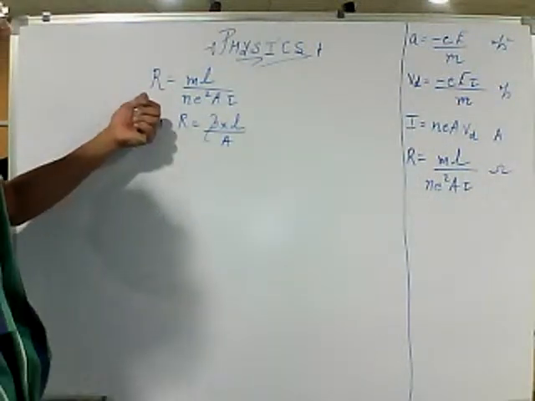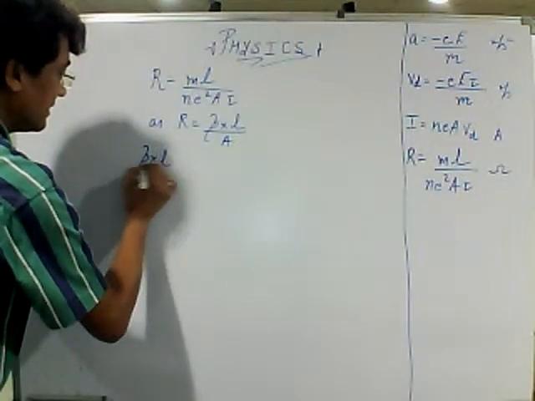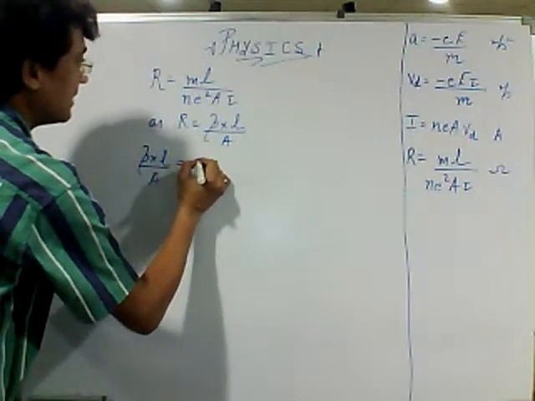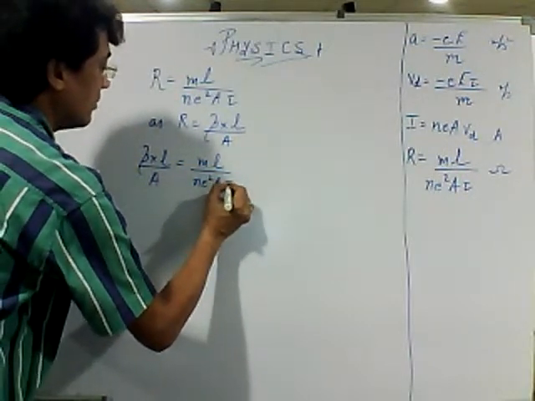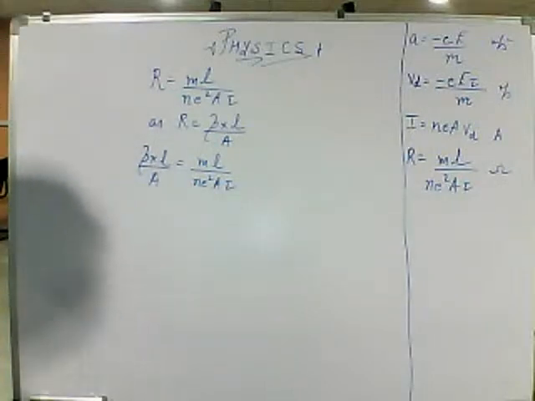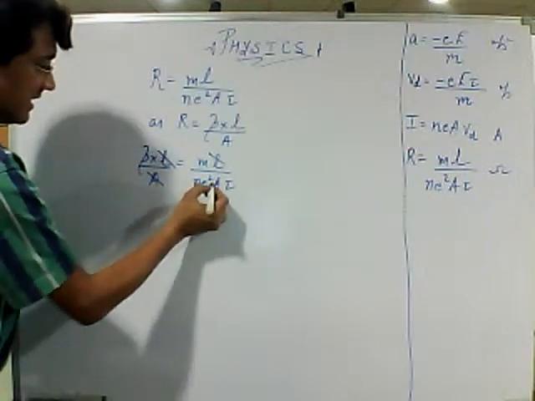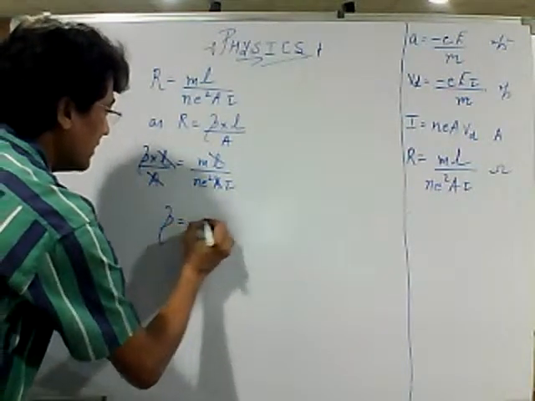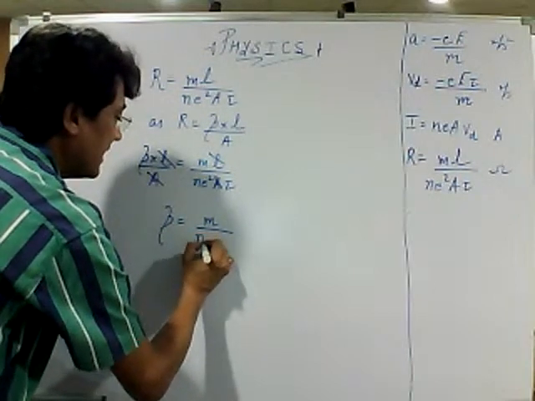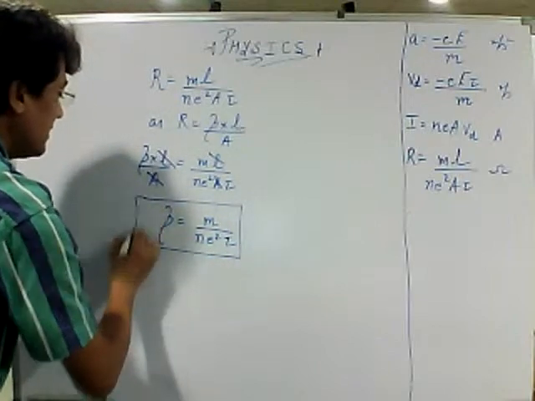So let us replace R over here with resistivity, length and area, equal to ml upon n e square a tau. So if you see, L and L get removed, area and area get removed. So I have resistivity, which is m by n e square tau. That's all.